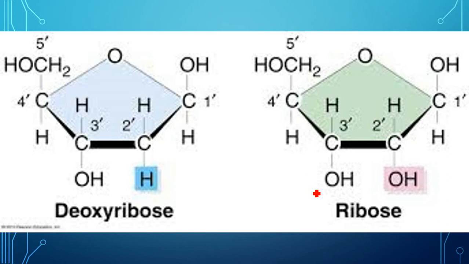When the nitrogen base is combined with the sugar molecule, it is called a nucleoside. Then what type of sugar is present in case of DNA? The sugar which is present in DNA is called deoxyribose sugar. This is the general structure of ribose sugar, and it is a 5-carbon sugar. At the second position, you can see the OH group is present.